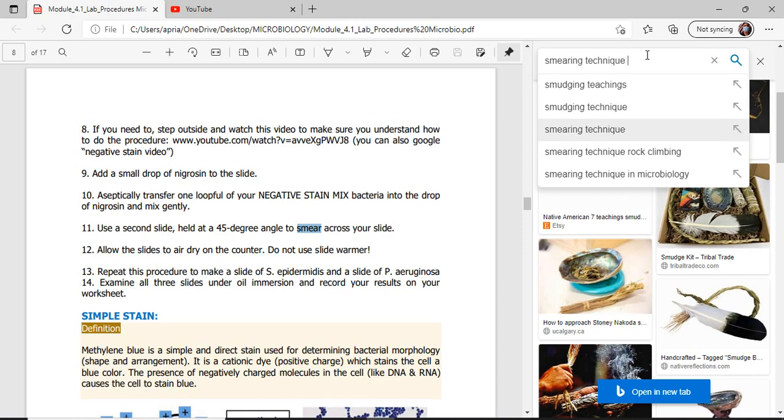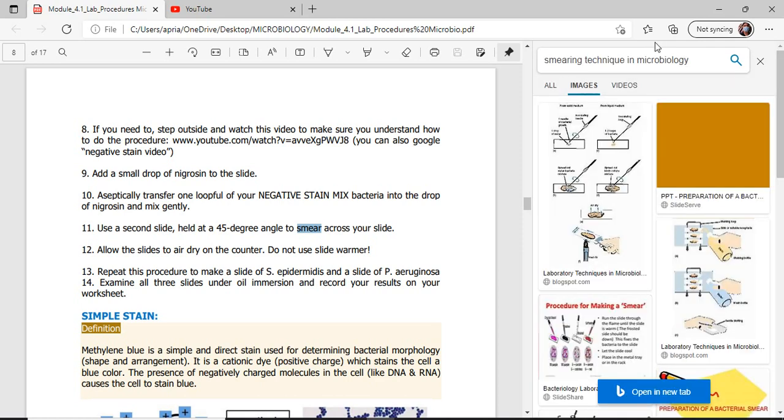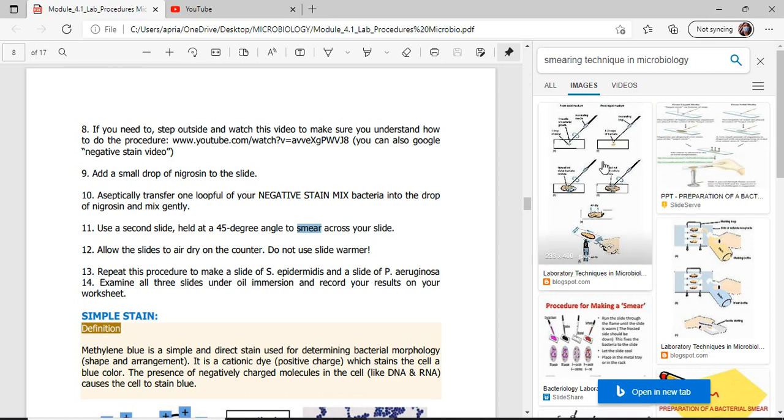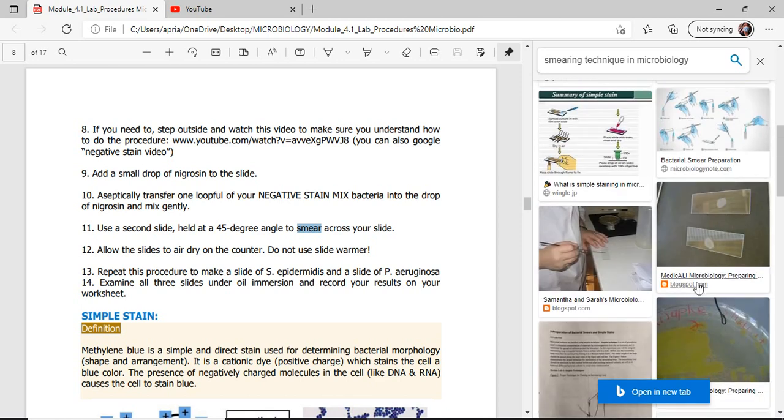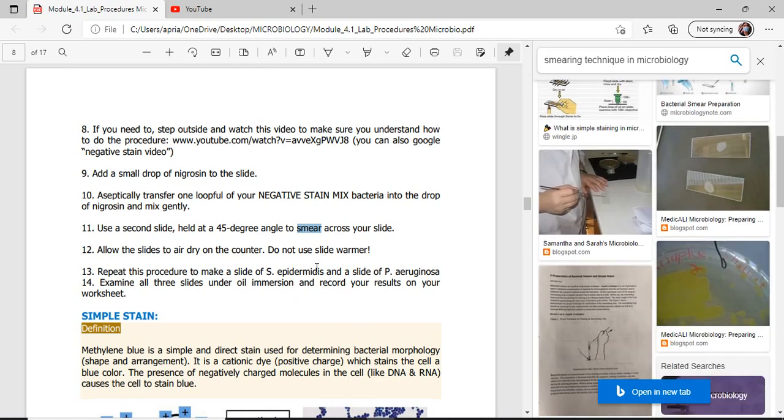Nice. We have here pictures na. Smearing, class, is the way of spreading the imong emulsion nga which is one drop lang sa imong slide. Wala gid ang akong ginapangita nga explanation or demonstration.